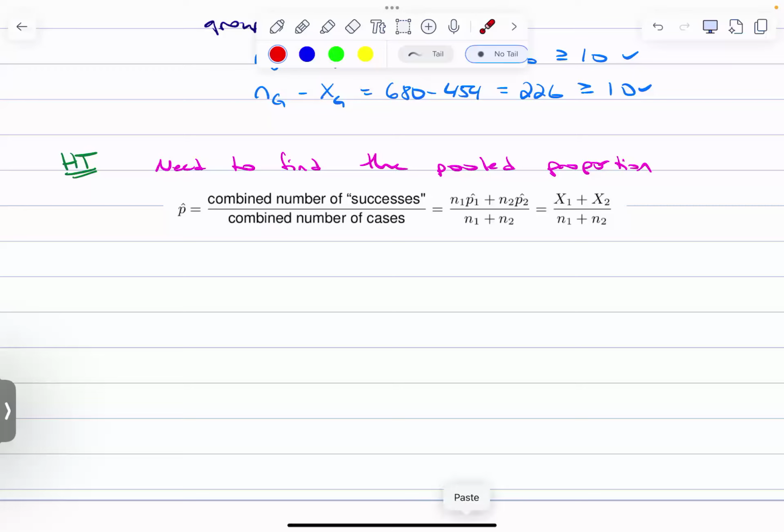The pooled proportion is the combined number of successes over the combined number of cases. Depending on what information we have, and we just decided that we have this one, I think that's the easiest way to find what our p hat is.